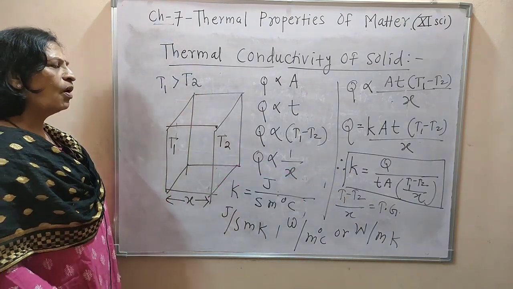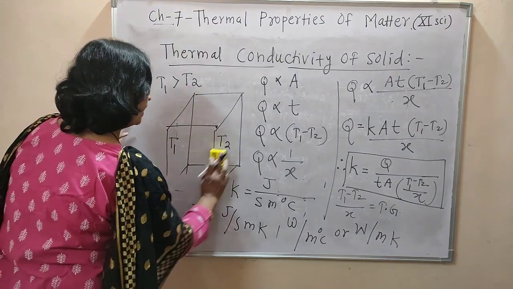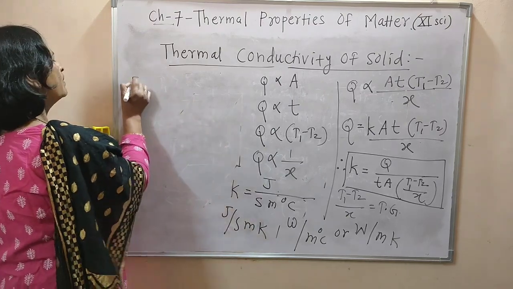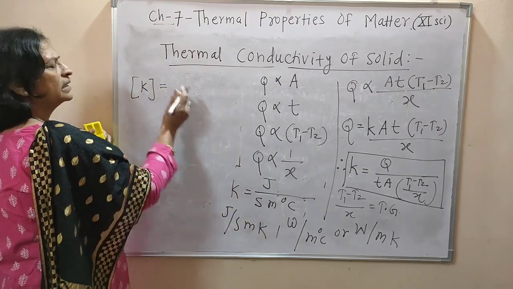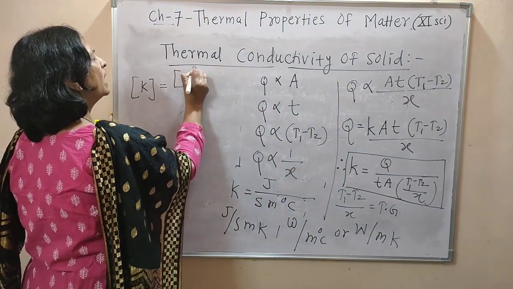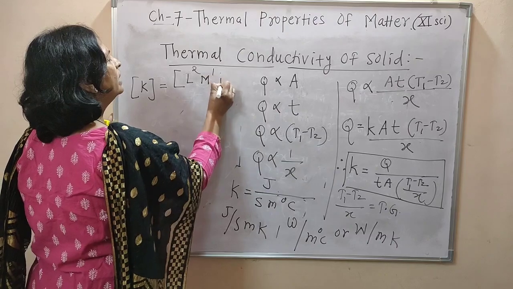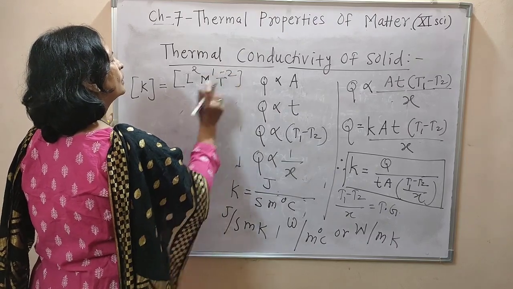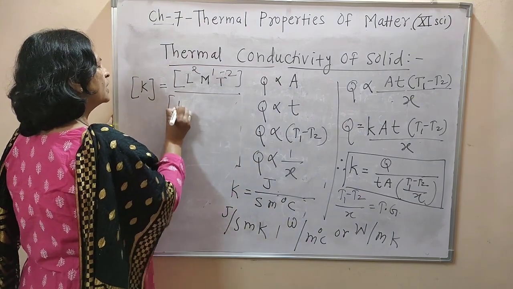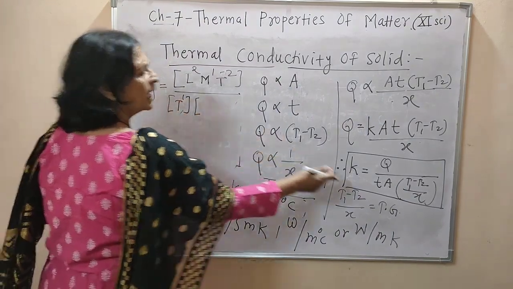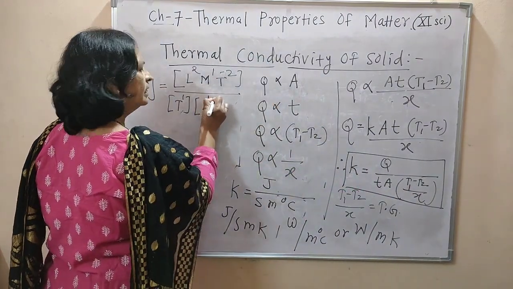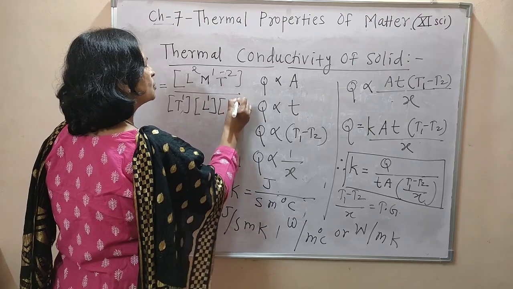Now we have to obtain its dimensions. We know that the dimension of K involves the dimension of Q, which is a form of energy, that is L raised to 2, M raised to 1, T raised to minus 2. Then time, T raised to 1, then L raised to 1 for the distance, L raised to 2 for the area, which leaves L raised to 1, and Kelvin raised to 1.